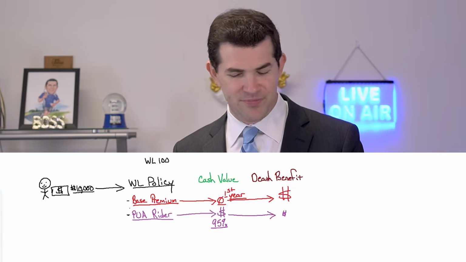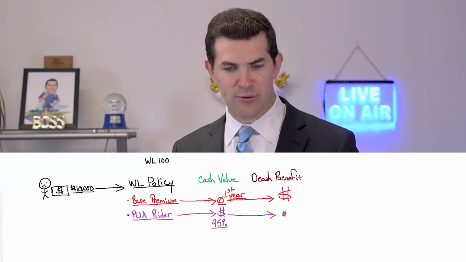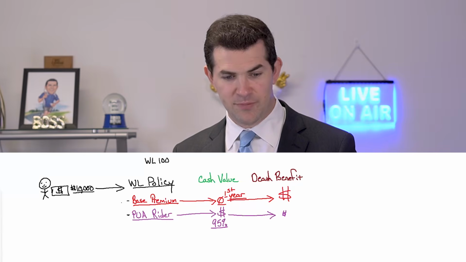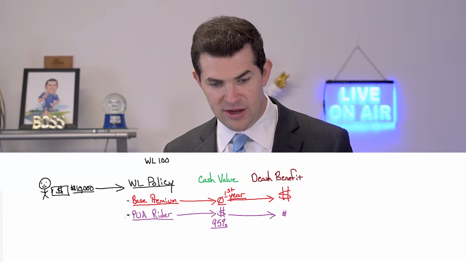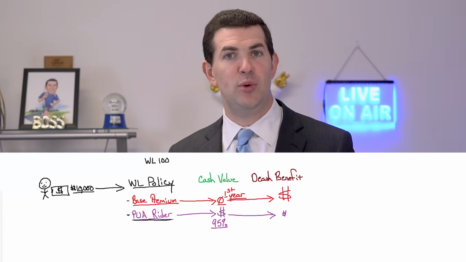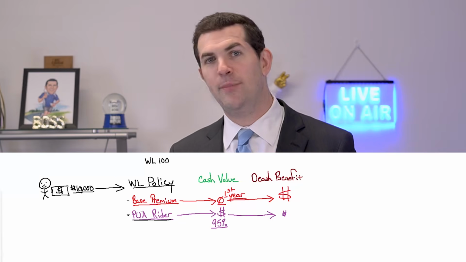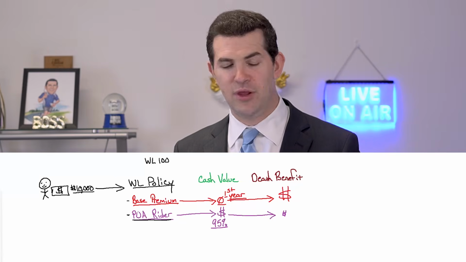Many years ago, when I was living at home and sitting on the couch and playing around with the life insurance illustration software, my father's looking at it and he said, "Can I just put all of my money here toward the PUA rider?" And my answer was no, because you can't put all of your money there.